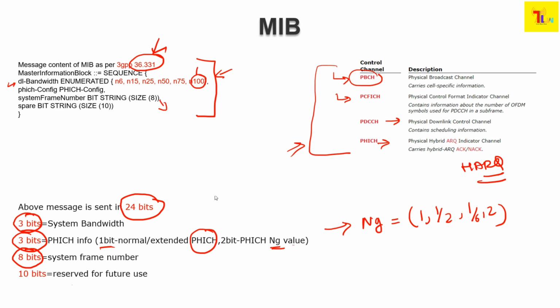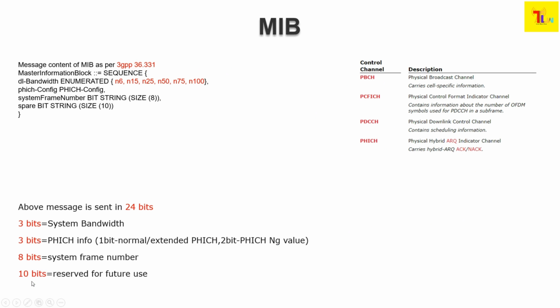Now, if you see the PDCCH, I have also mentioned it. I think you will have a little bit of information, but let me give you some brief before going further into the video. PDCCH is the physical downlink control channel. The DCI information is carried by the PDCCH.